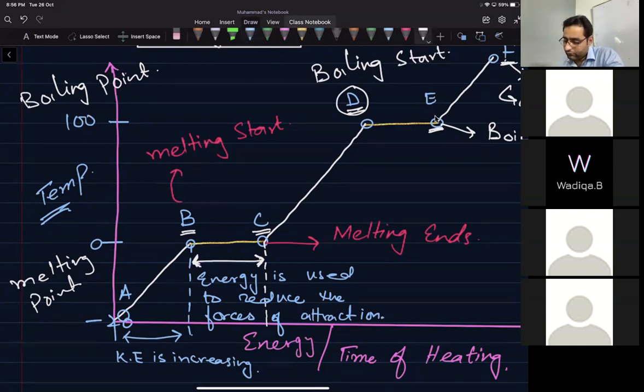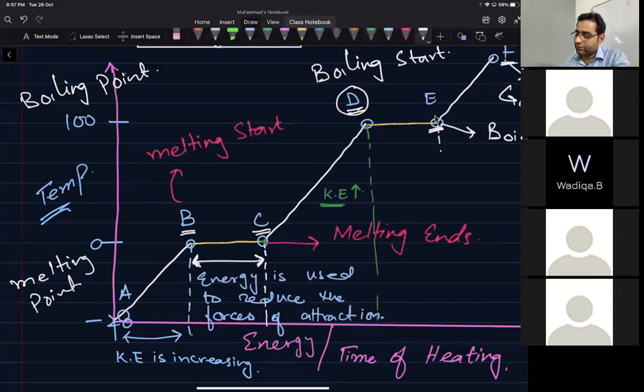Now again, between C and D, what's happening? Between C and D, kinetic energy is increasing because temperature is also increasing. And between D and E, again, temperature is constant.